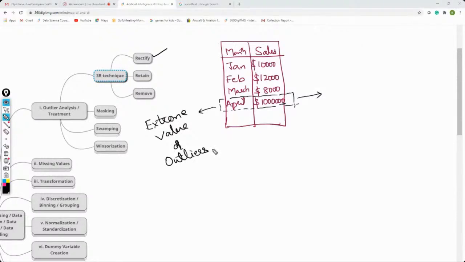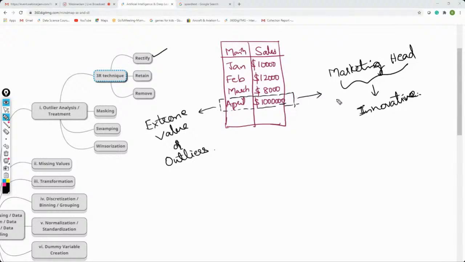Or your finance person might say, hey AI expert, we have hired a new marketing head, and this marketing head is a brilliant person. He has helped us put together an innovative marketing strategy, and because of it, our sales just exploded.